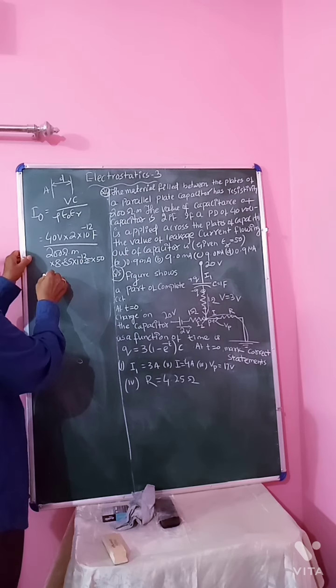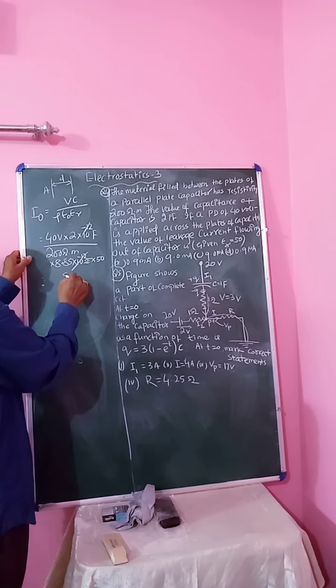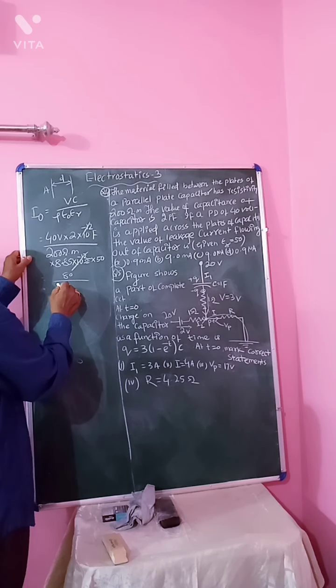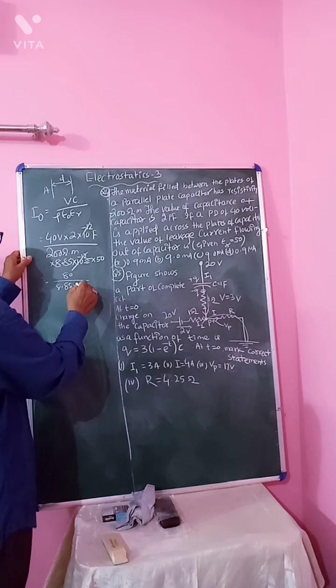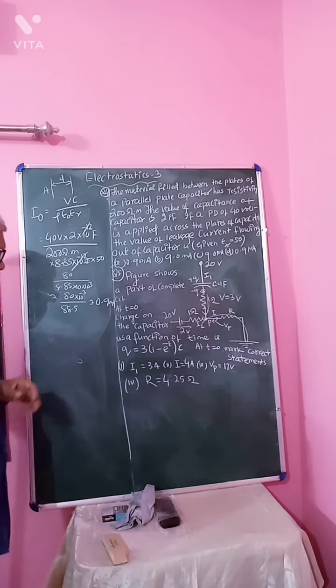So on solving this, 10 to the power minus 2 got cancelled. It is 8 divided by 8.85 into 10 to the power 3, that is 80 by 88.5 into 10 to the power minus 3. It is nearly 0.9 milliampere. So the answer is first choice, 0.9 milliampere.